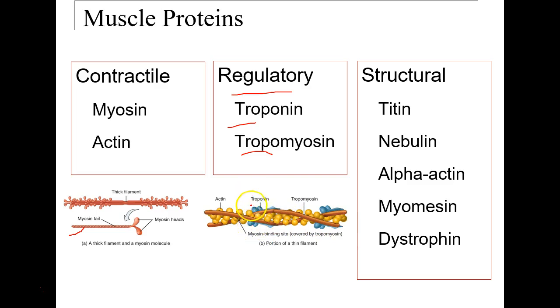And then troponin, we will see, is key in attachment with calcium. Some structural proteins: titin, nebulin, alpha-actin, myomesin, and then dystrophin. These are for creating the stability and strength of the sarcomere.